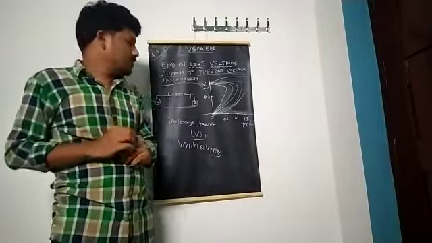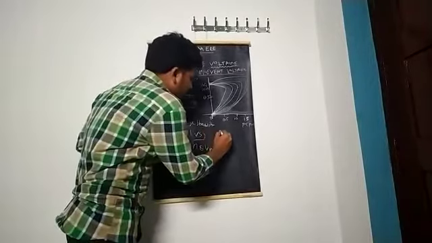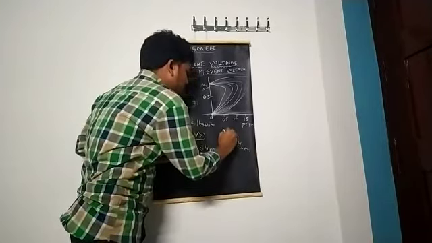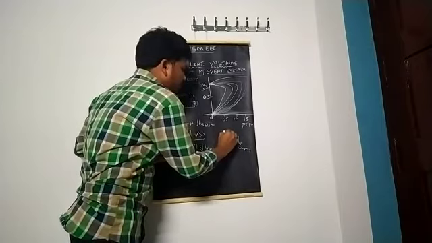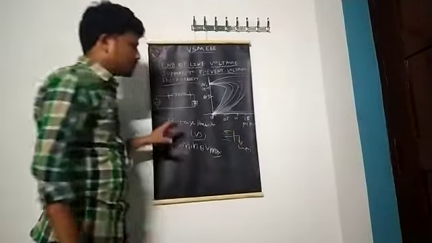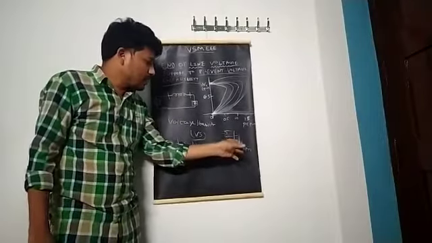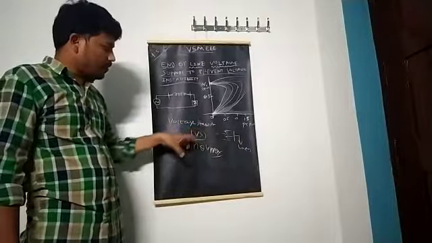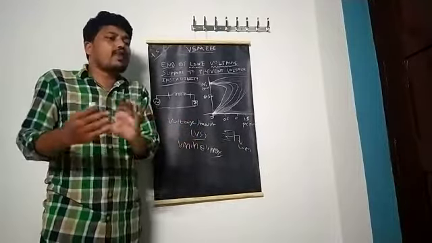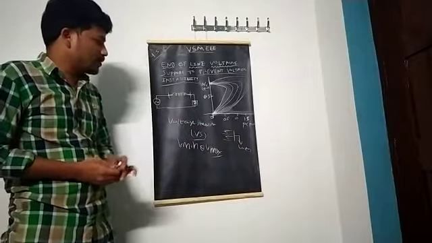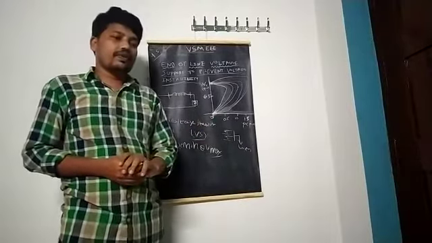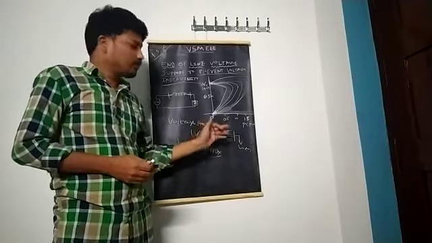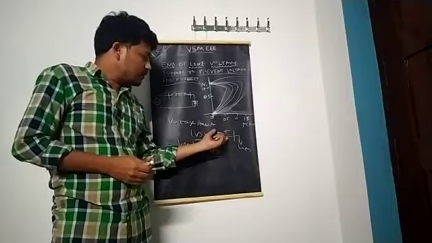Let us consider one load which receives power from two generators, generator 1 and generator 2, that means the load consumes power from generators 1 and 2. Suddenly generator 2 has a failure. For the time being, I am assuming that generator 2 is having the problem.